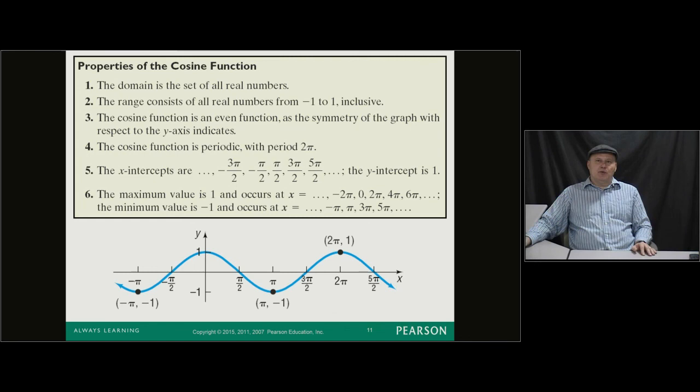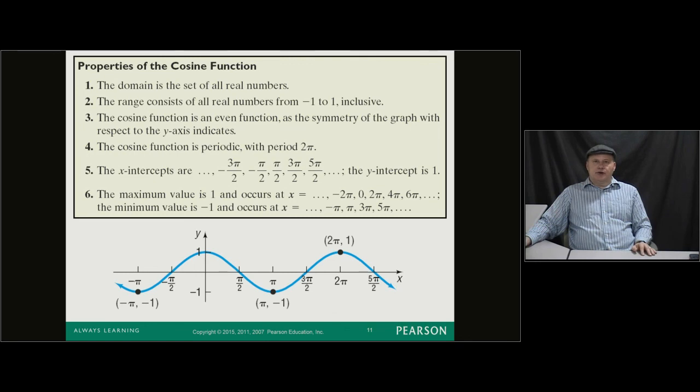The maximum value is 1, and it occurs at 0, at 2 pi, and again at 4 pi, because that's the period. And the lowest points are at negative 1, and that occurs at pi. The next one is going to occur at 3 pi. So it's going to be odd multiples of pi: pi, 3 pi, 5 pi, and so on down the line.